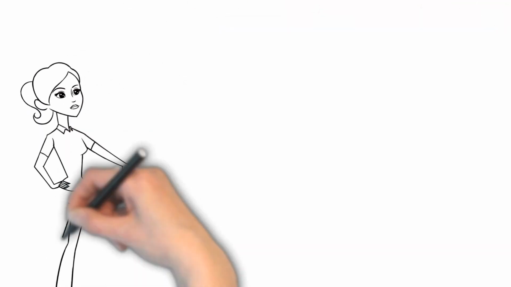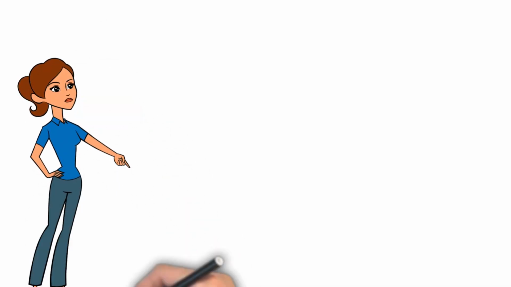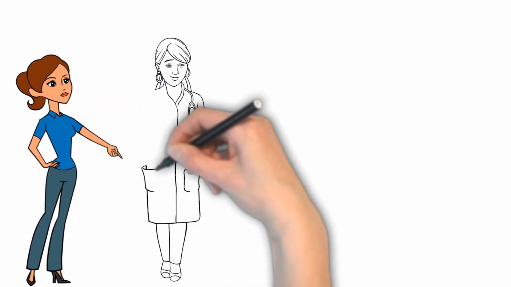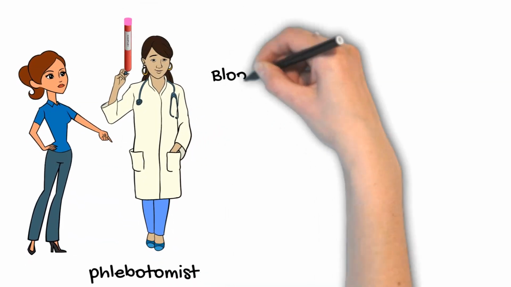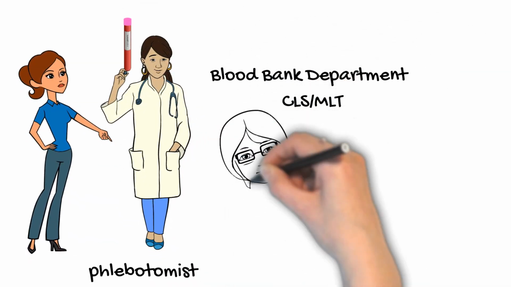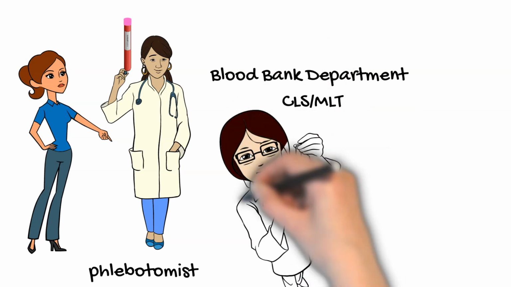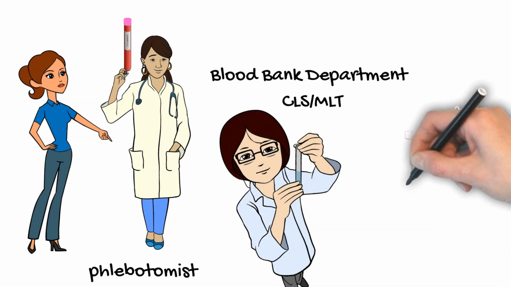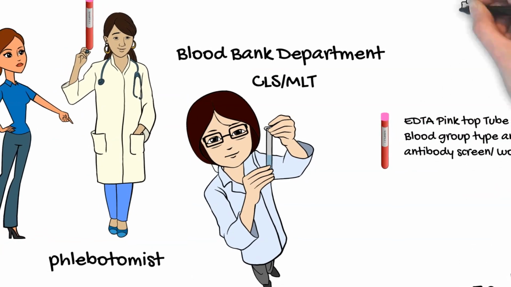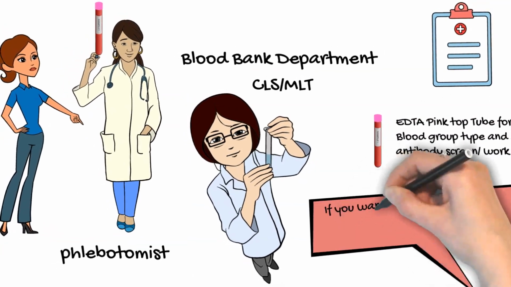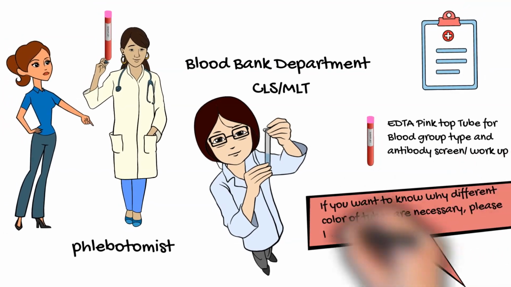The first step to determine if a patient is an Rh-negative patient or not is that the phlebotomist draws your blood and sends the sample to the laboratory. Then the clinical laboratory scientist or CLS performs blood tests. CLS are those that perform tests on all kinds of bodily fluids and send the test results to the doctor, who then gathers all the information and proceeds with necessary treatments for their patient.